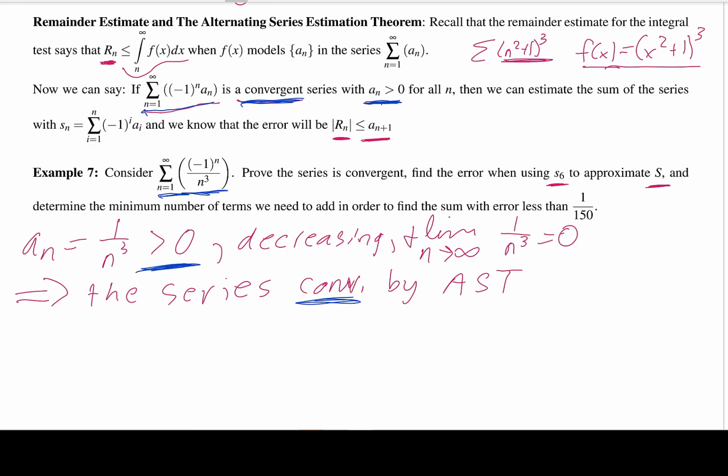So we've satisfied the three things that we need here. So then this tells us that r sub n, well, our n right here is going to be 6. So this tells us that the absolute value of r sub 6 is going to be less than or equal to a sub n plus 1. So this is going to be a sub 6 plus 1, which is going to be a sub 7.